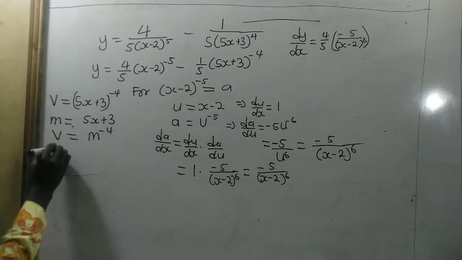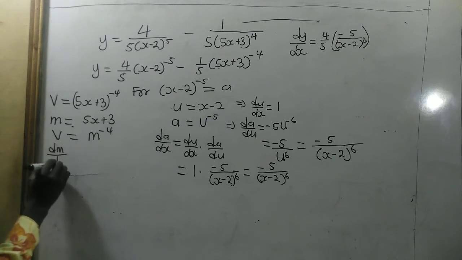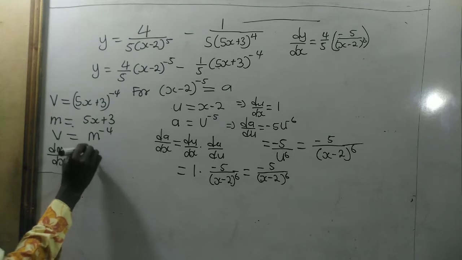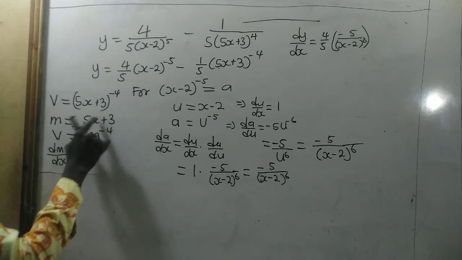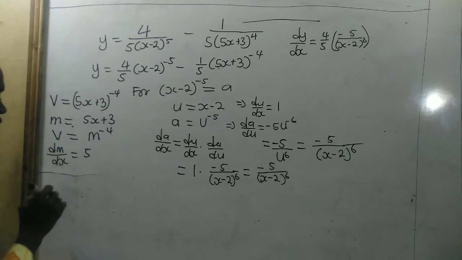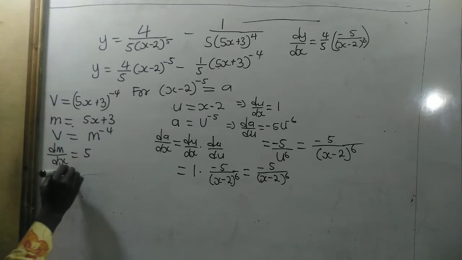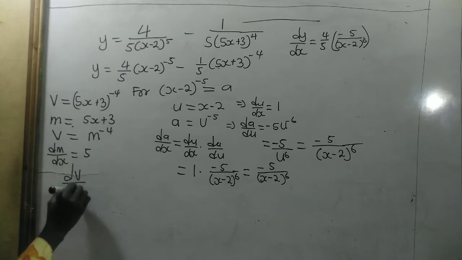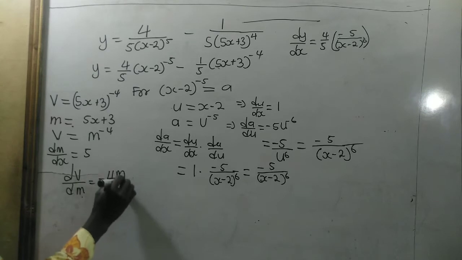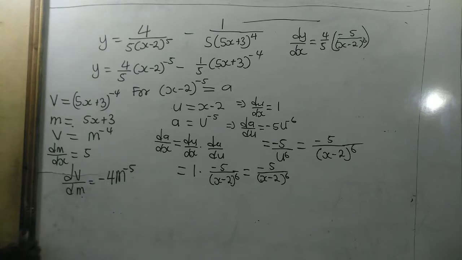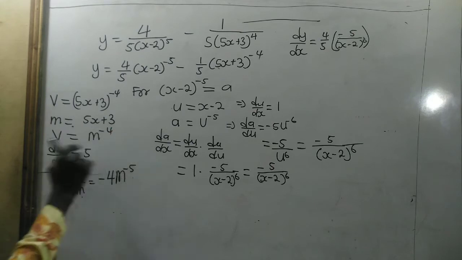So here, the derivative of m with respect to x is 5. 3 is a constant, so it will be 0. If we differentiate this as power 1, so we take 5. And we are going to have the derivative of v with respect to m is minus 4m to the power minus 5. Minus 4 times 1 will give us minus 4. If we subtract 1, we get minus 5.